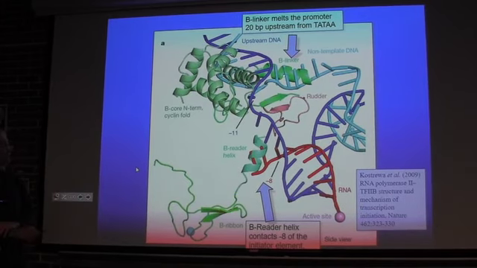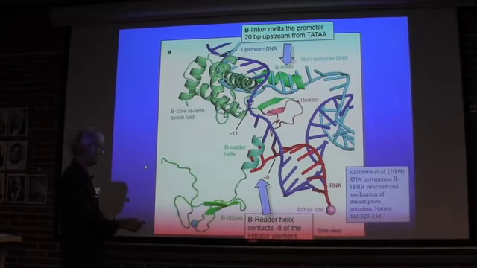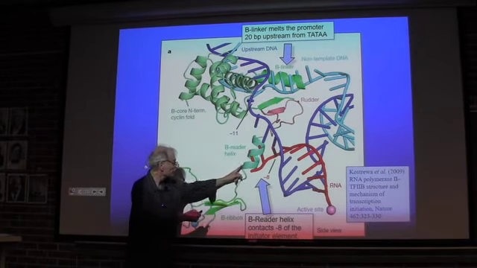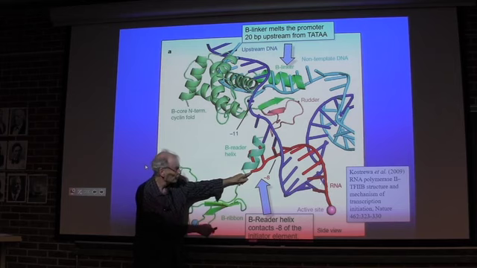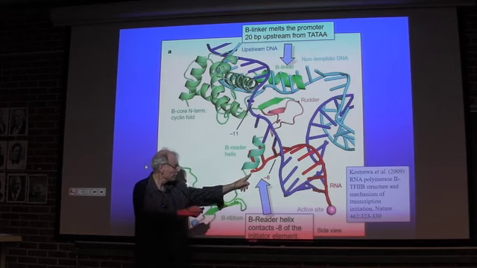B linker. This is melting. B reader. Notice how this is the RNA, this is the active site, this is the 3' end where it's growing. This is the 5' end of the RNA here.